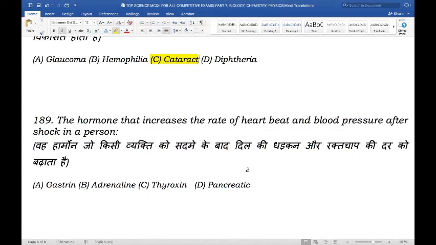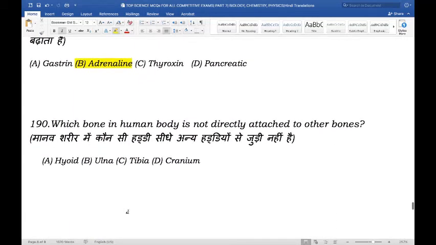So the correct answer here is B, adrenaline. Adrenaline, also known as epinephrine, is a hormone produced in the adrenal gland when a strong emotion is perceived, in preparation for fight or flight. So adrenaline is a very important hormone to remember.